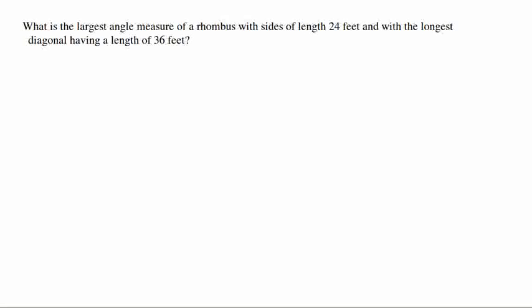All right, so I'll go ahead and work it out as well. So let me read the question again. What is the largest angle measure of a rhombus with sides of length 24 feet and with the longest diagonal having a length of 36 feet? So let's first make a picture.